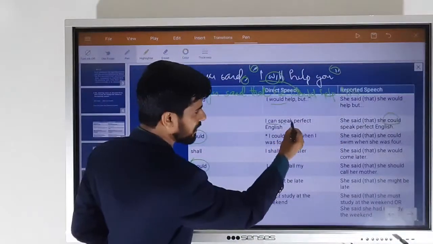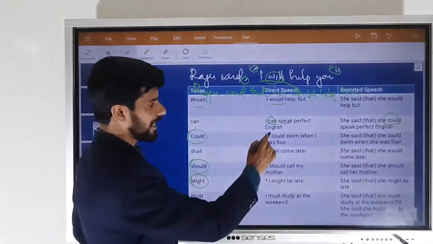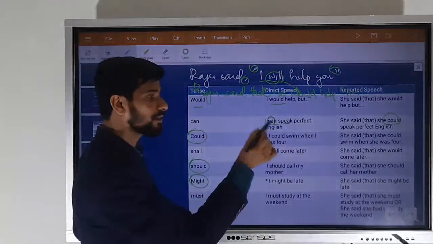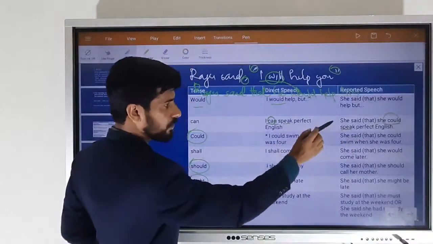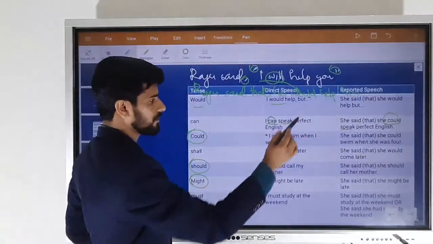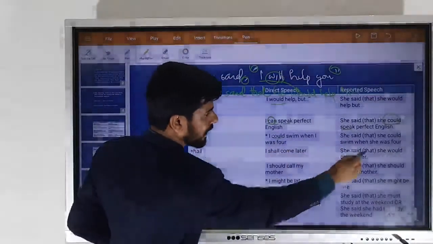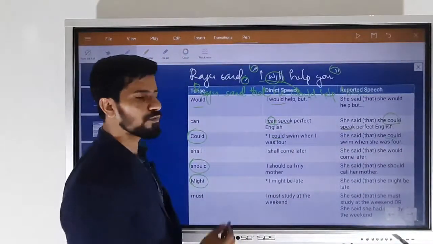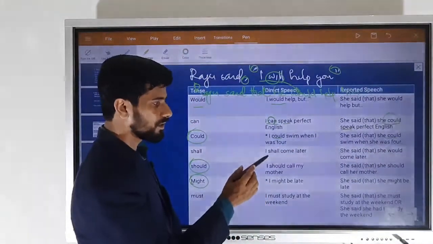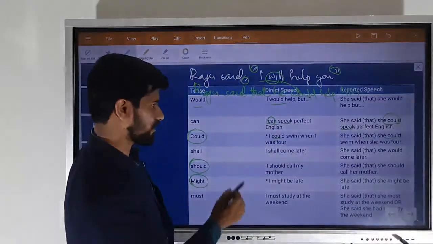There is no change in speak, because you change it in the modal auxiliary, and after can and could, the verb remains the same, right? You change only this word. If it is already could, there is no change at all. Here it is could, and here it is also could. I could swim when I was 4. She said that she could swim when she was 4.